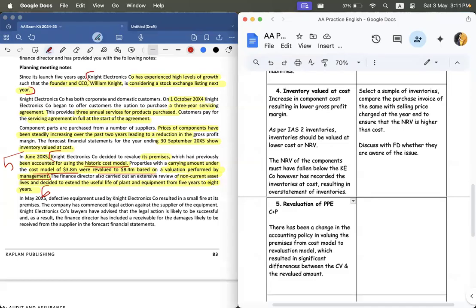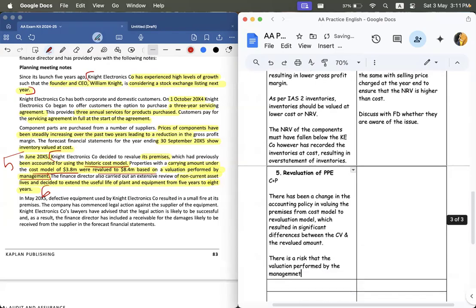So you know this in your mind, right? I'm going to frame it. You're going to start by saying that there is a risk that the valuation performed by the management could be inappropriate, right?